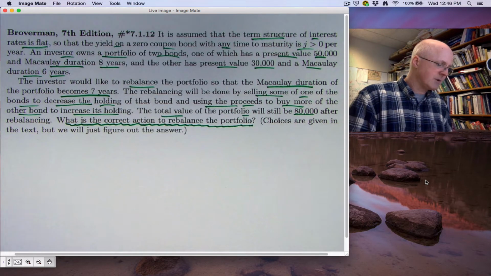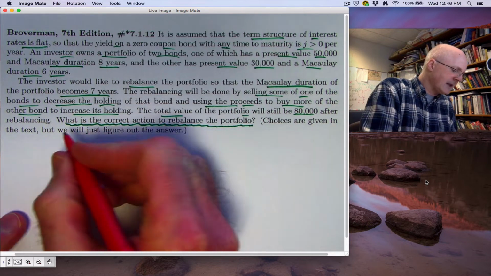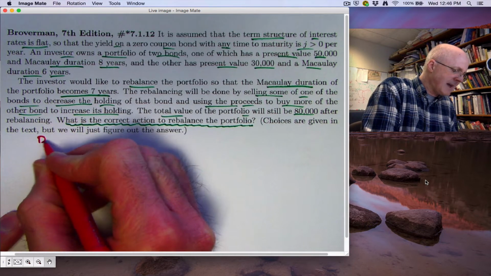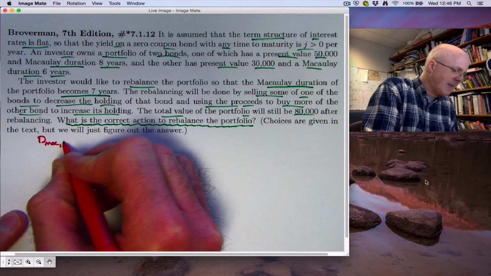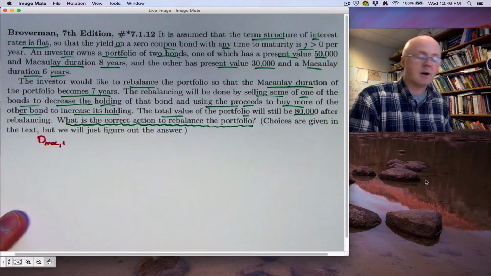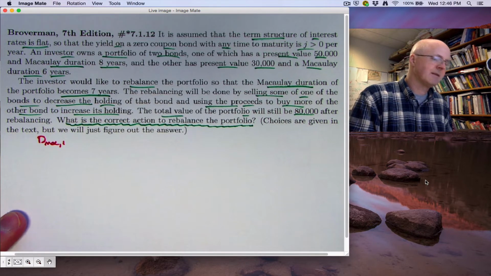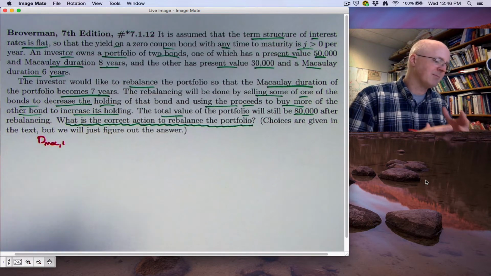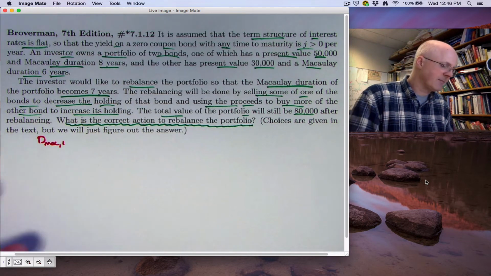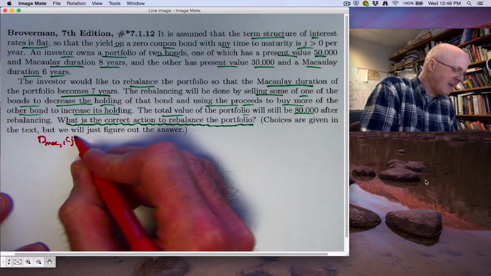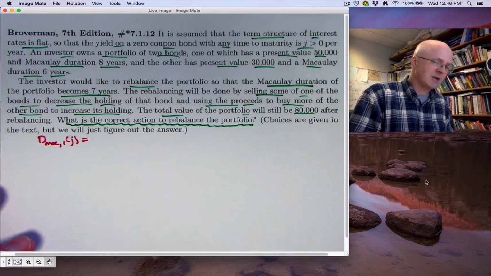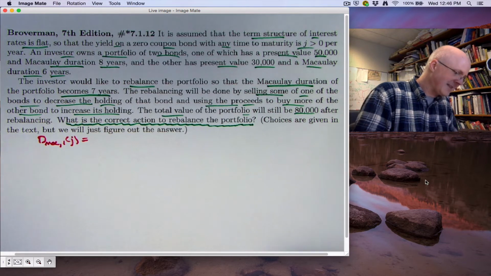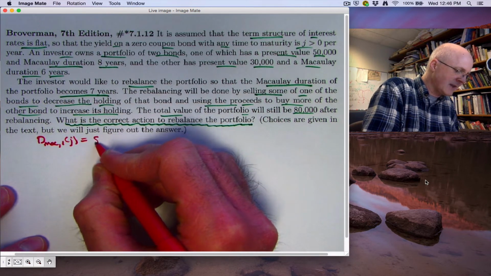All right, let's use some notation here. Let's say Dmac,1 is the Macaulay duration of the first bond. Again, that wouldn't just be one bond that you bought, but of that type, maybe 15 or 20 of them combined. But they all individually have the same duration, so it should make intuitive sense that the combination also has the same duration of 8 years.